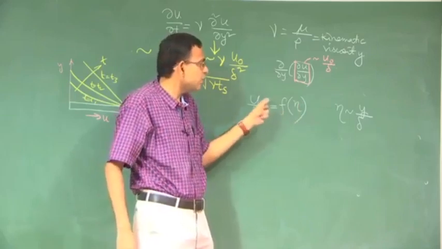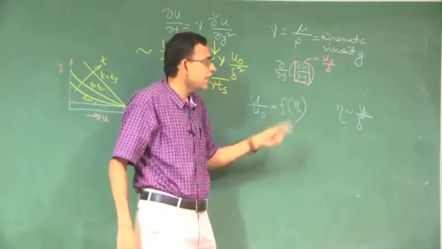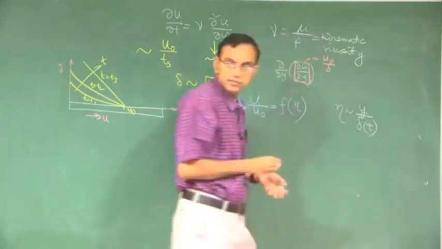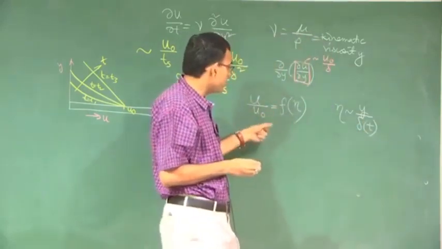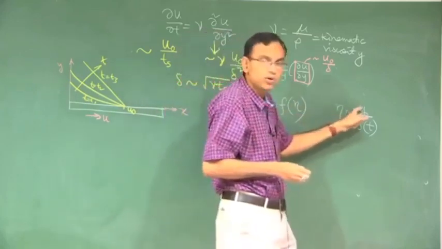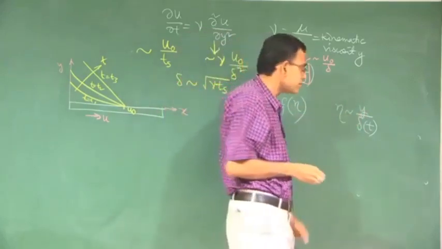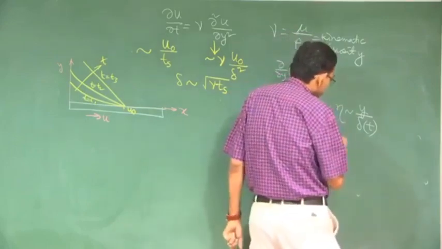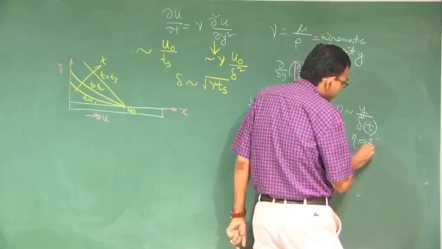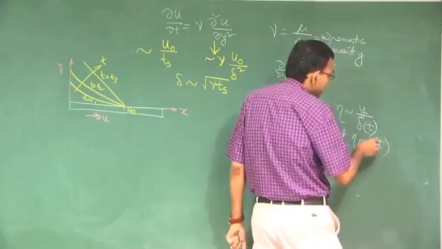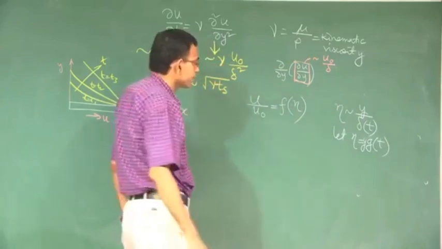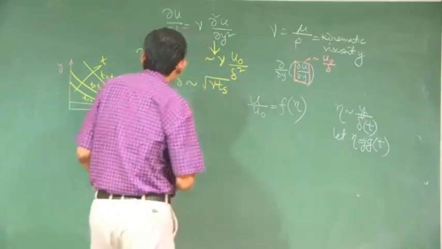So, it says that u may be a function of y and t, because this delta is a function of t, but u by u0 is a function of a single variable eta, which itself includes both y and t. So, let us say eta is equal to y into g of t, where g of t scales with 1 by delta.